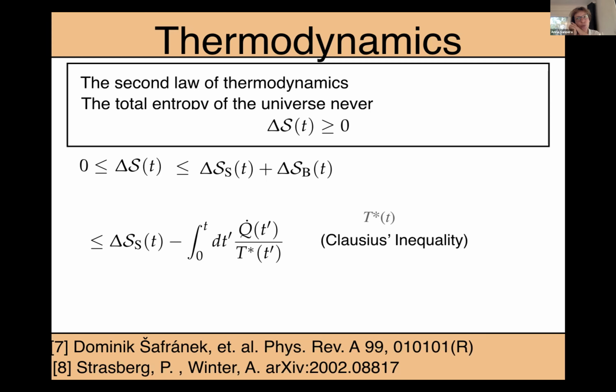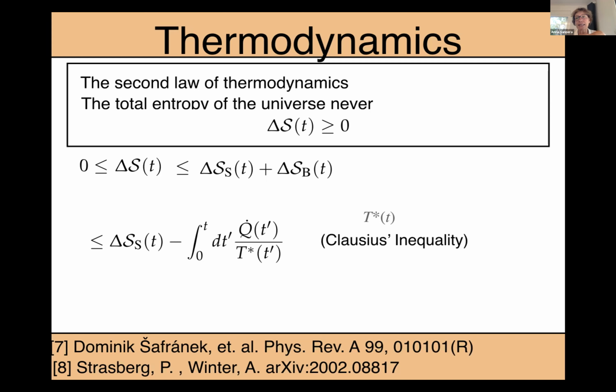But when we put the Clausius inequality here, we realize that the correct way to apply it is this. We have our system interacting with the bath, and as time goes on the bath evolves, and therefore its temperature evolves.